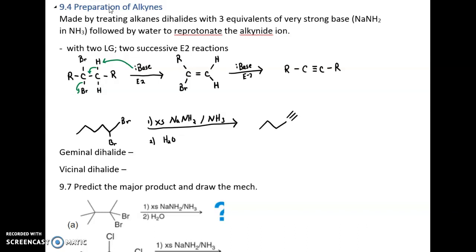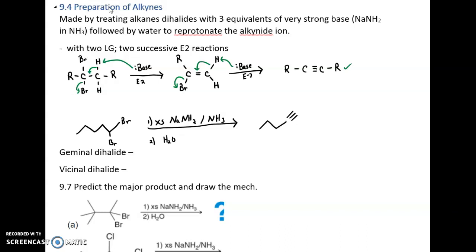So then we're left with this structure, and again, the base comes in, it takes a proton, the electrons joining the carbon to the proton now go between the 2 carbons, and our bromine is our leaving group, and we're left with this structure here.